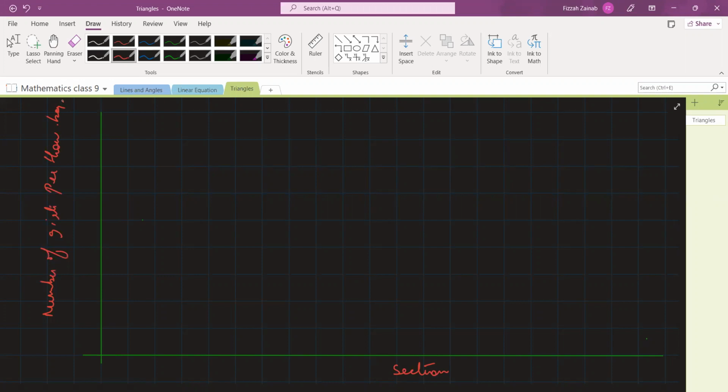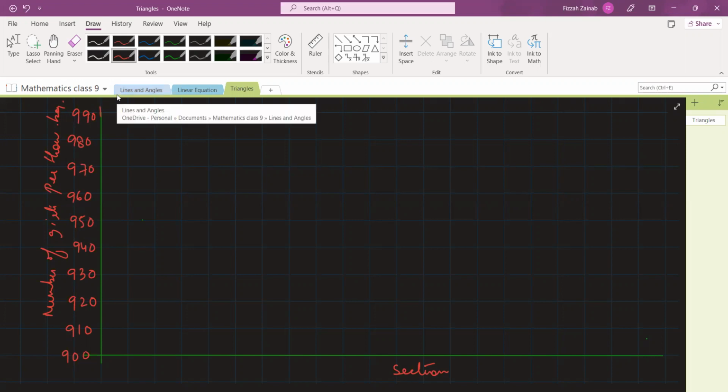As you can see, your data is falling between 900 and 1000. Can you see that? So you can take the scale like this also. Instead of starting from 0, you can start from 900, right? Next, you take 910, then 920, 930, 940, 950, 960, 970, 980, then 990, and the next will be your 1000, right?